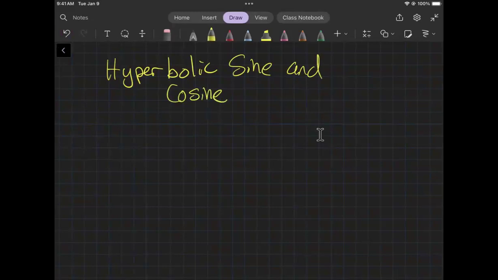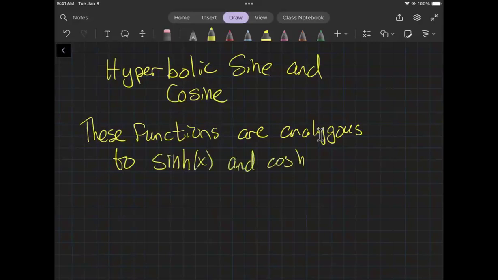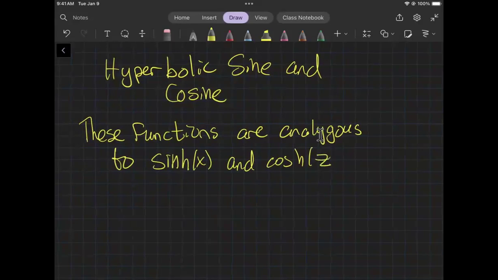So these functions are analogous to the hyperbolic sine functions in the real numbers. So they're defined the same way in x.